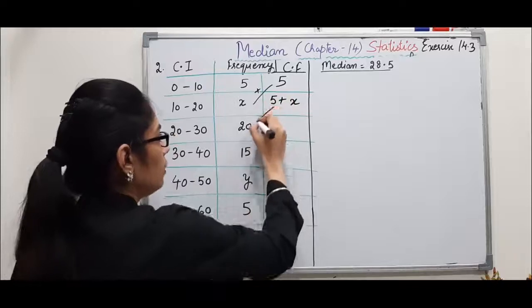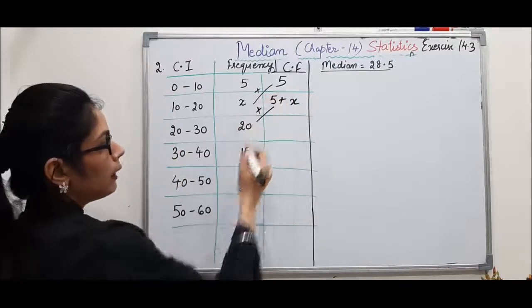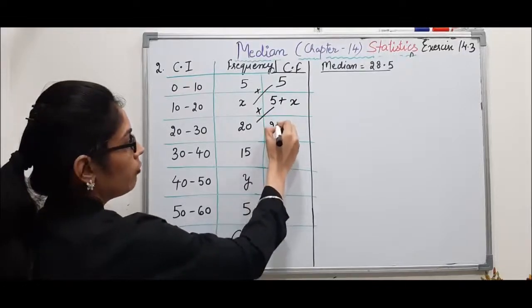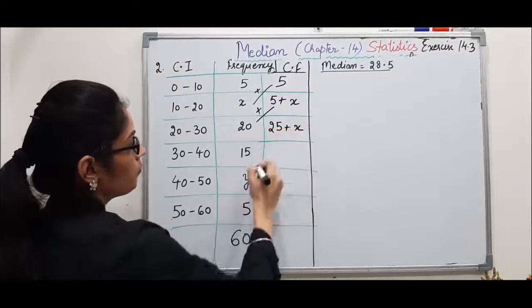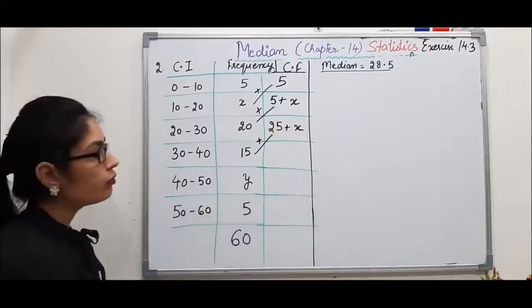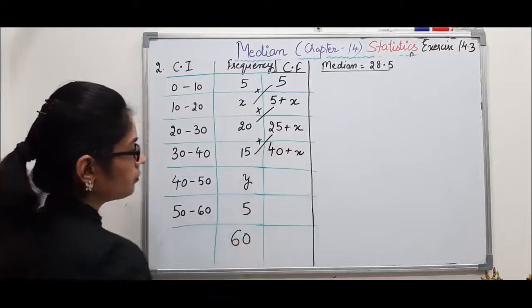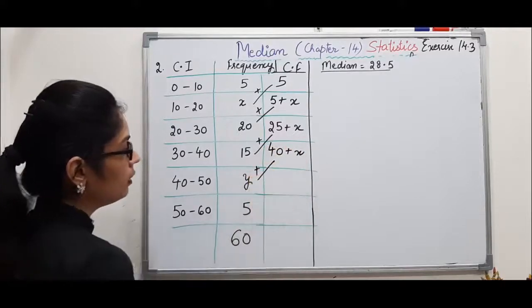Now slant addition: 20 plus 5 is 25 plus x. Again this addition: 25 plus 15 is 40 plus x.